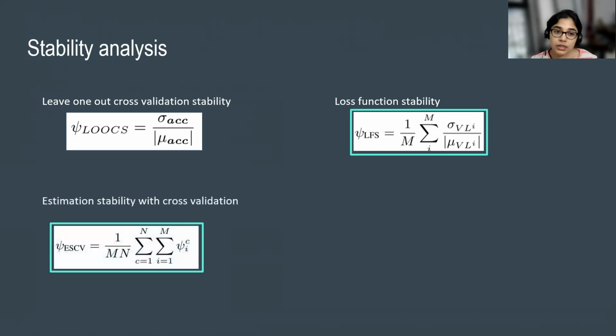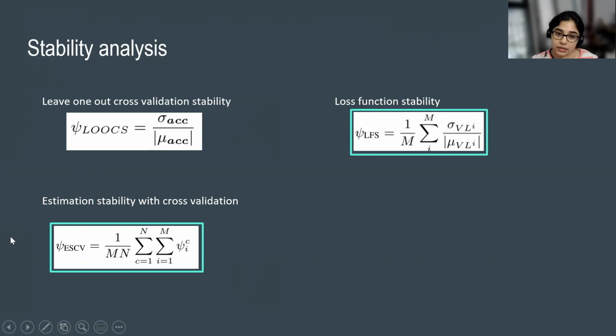The second one is estimation stability with cross-validation. This is inspired by estimation stability in Lasso. Here we are considering the variation of the validation set class probabilities.